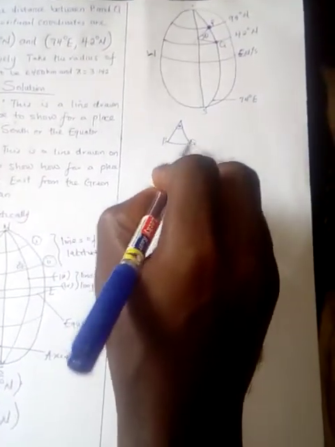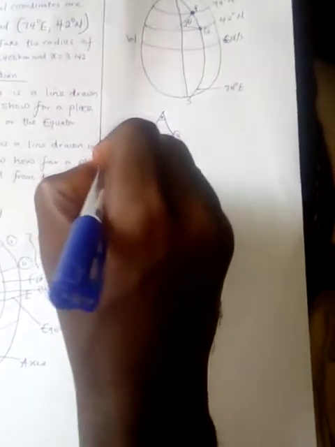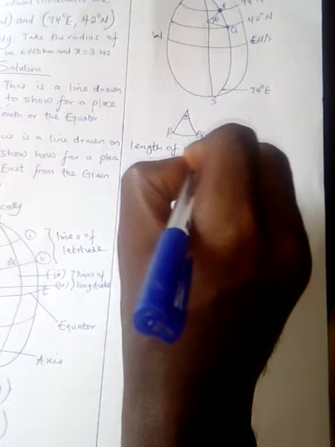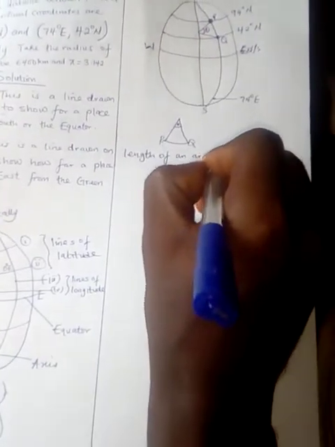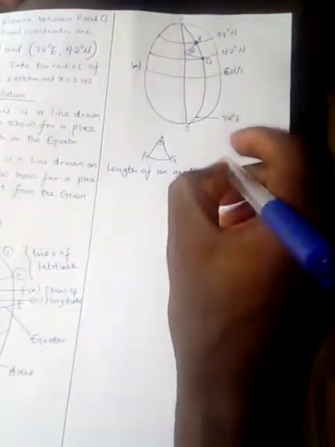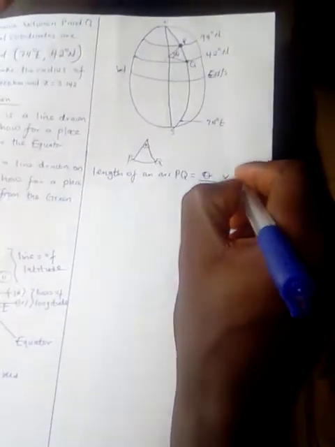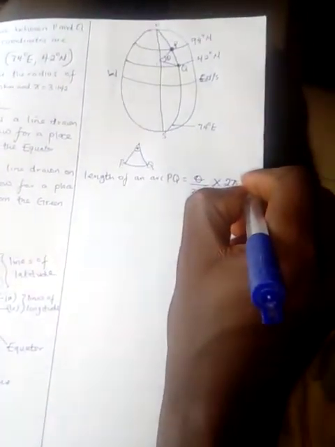The formula for that is the length of an arc PQ is equal to theta over 360 times 2 pi r. Let me label this.